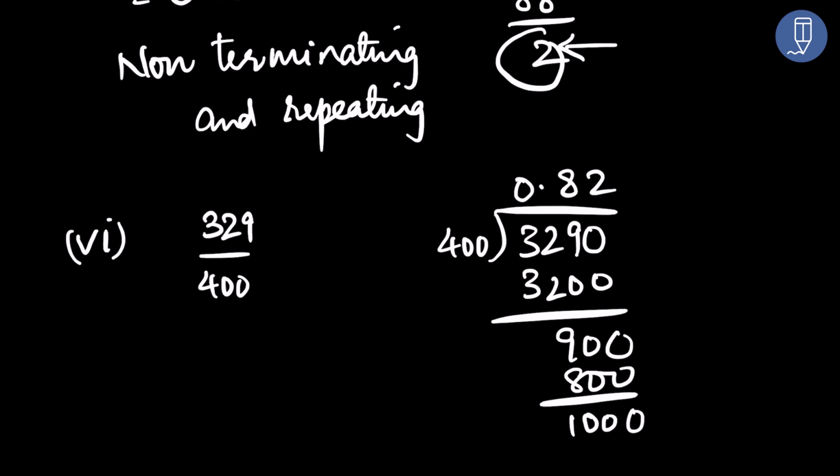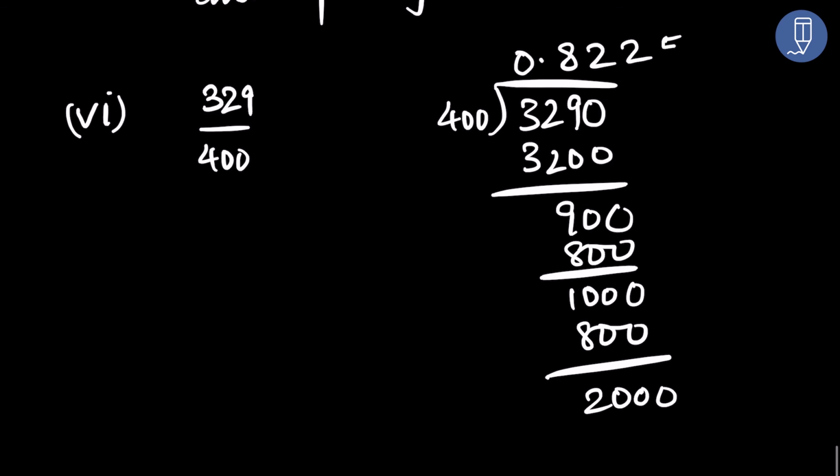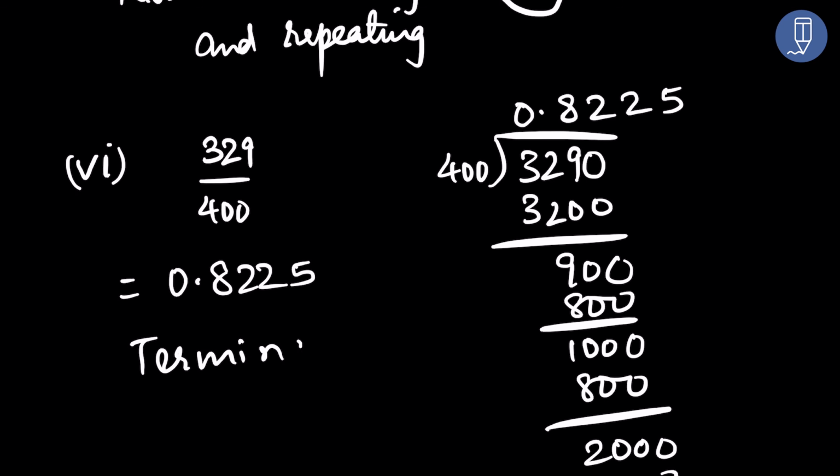We put 1 0 here. 400 into 2 again. We get 800. Remainder is 200. We put 1 more 0. 400 into 5, 2000. And the remainder becomes 0. So the moment we get remainder 0, the process stops. So the answer is 0.8225. Since it stops, this is terminating decimal expansion.